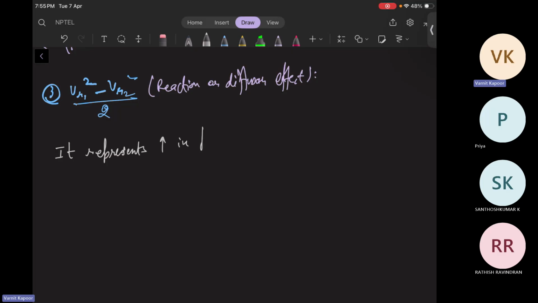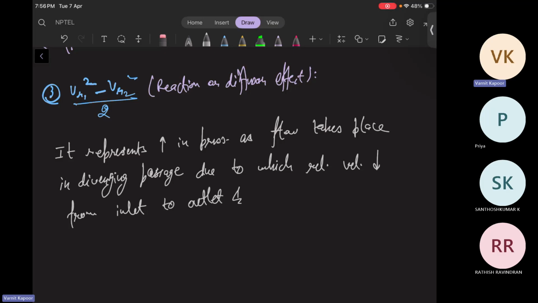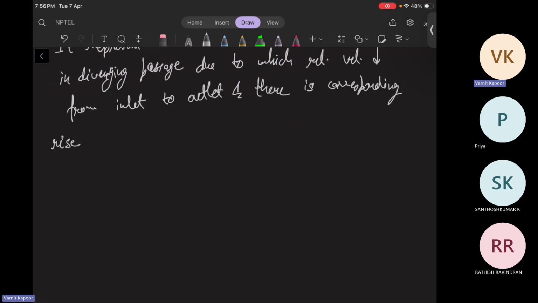So it represents increase in pressure as flow takes place in the diverging passage or diverging section, due to which relative velocity decreases from inlet to outlet, and there is a corresponding rise in static pressure.